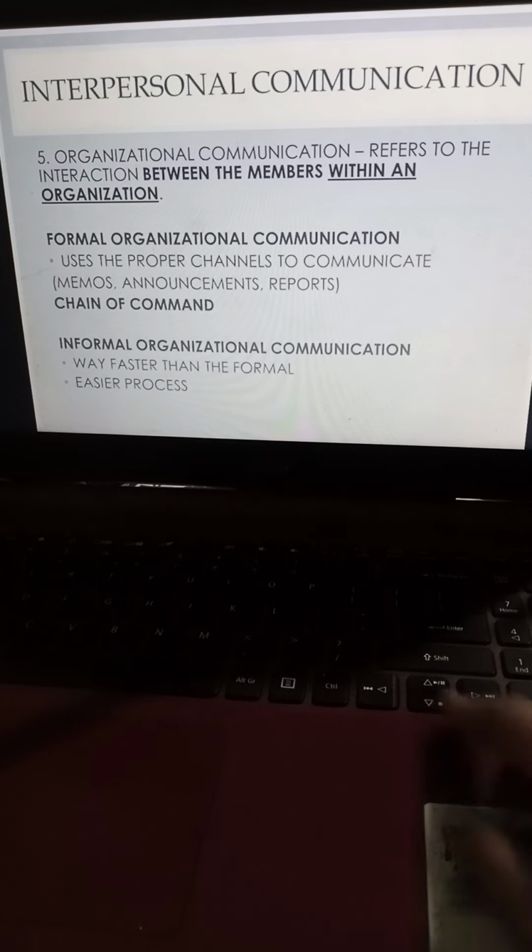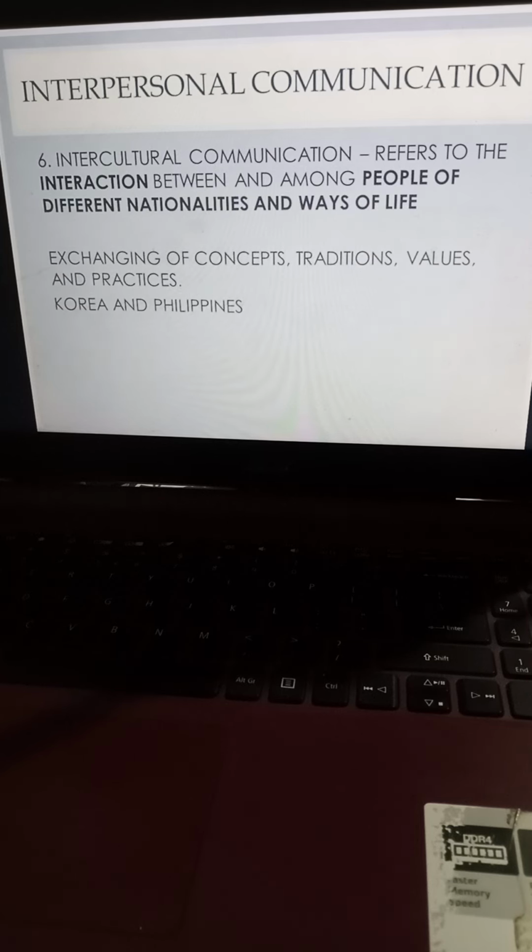Next is the last one, the intercultural communication. So it refers to the interaction between and among people of different nationalities and ways of life, exchanging concepts, traditions, values, and practices.